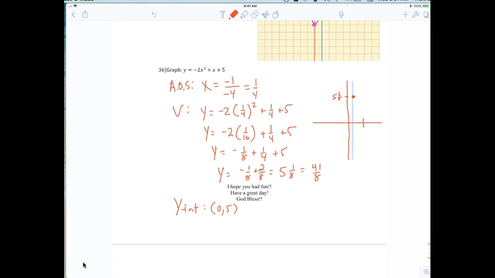And now the y-intercept is what? 0, which is 1/4 over. Does everybody see that?